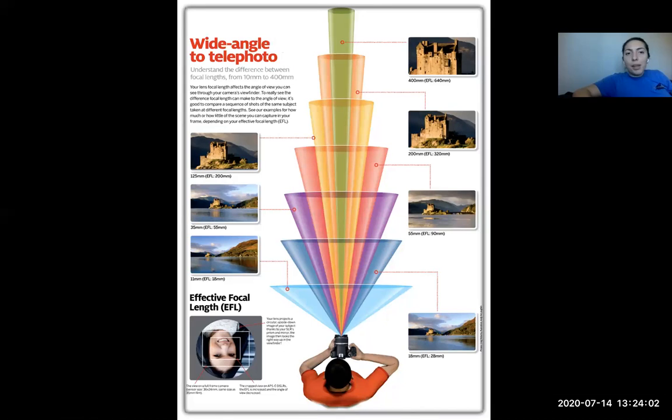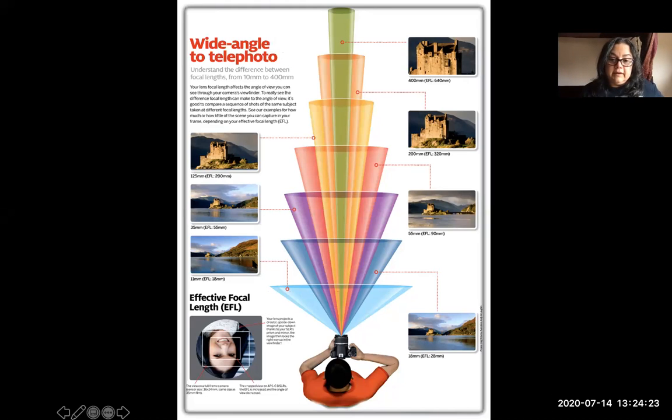I hope. Yeah, we can. Okay, great. So I like this diagram because the cones show you the actual angle of view at these different focal lengths of the lens. And as you extend the lens out, these cones get longer and narrower.